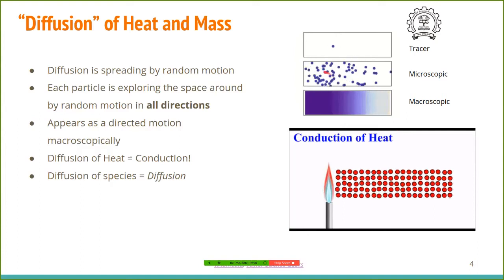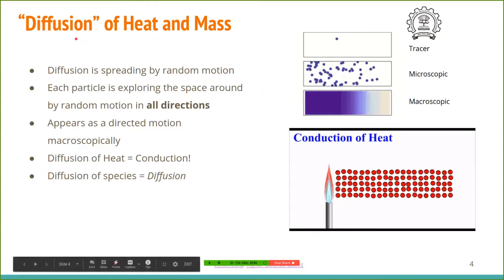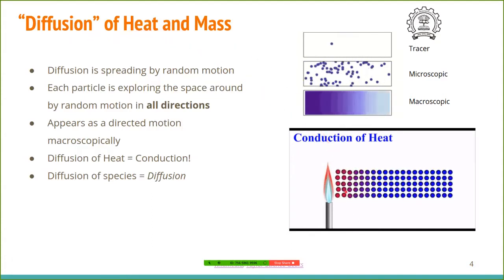Here, the molecules themselves go from here to here by random motion. So this random motion and random conveying of mass and heat is called diffusion. And because the mechanism is very similar, the diffusion of heat is similar to the diffusion of mass, both are called diffusion.